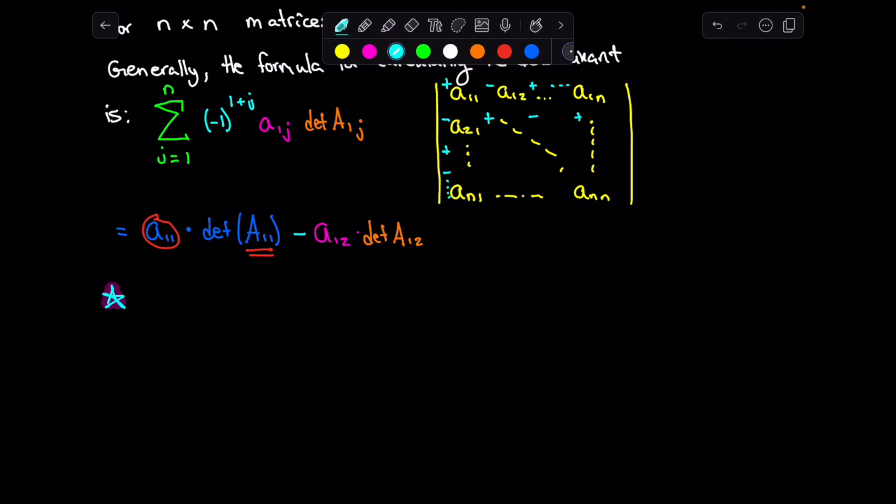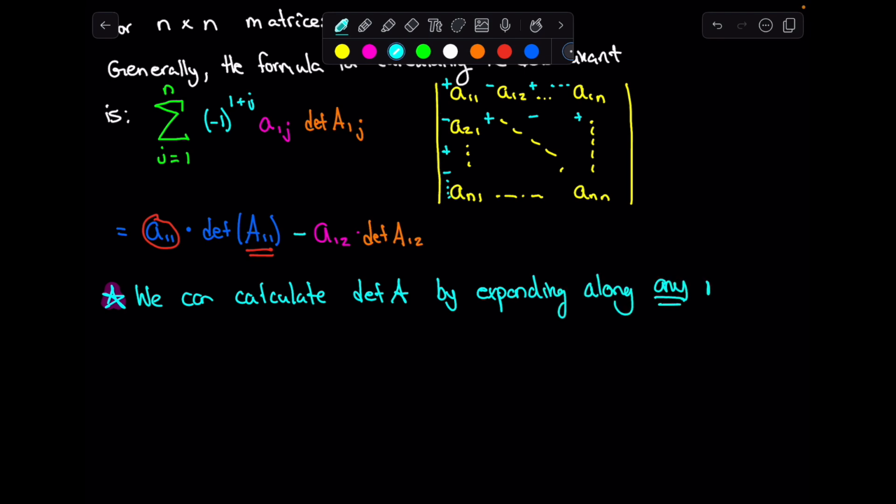Star: we can calculate the determinant of some matrix A by expanding along any row or column that we choose. We just have to keep track of the signs. That's really the only thing that we need to focus on.